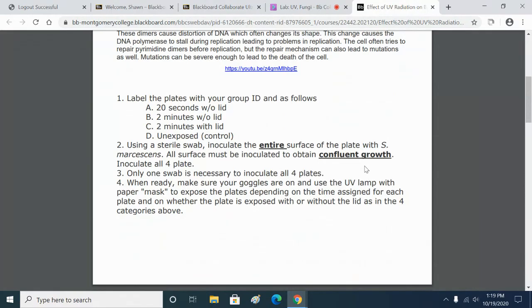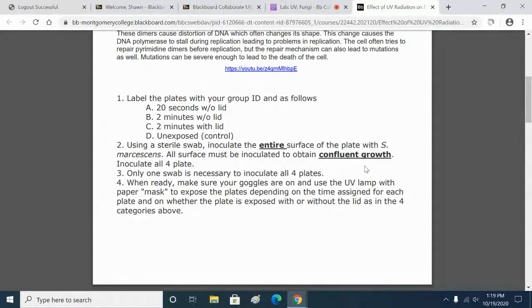All right, so Petri plates have plastic lids, so we take the lid off so we can expose the surface of the plates directly to UV light. The third plate, plate C, is 2 minutes, but with the lid on. And the last plate is just exposed to the ordinary room lights, no UV, so that's our control.